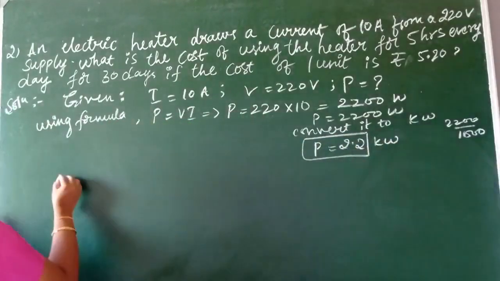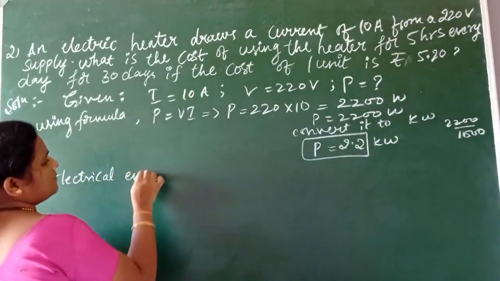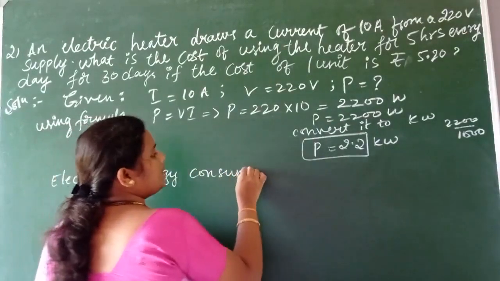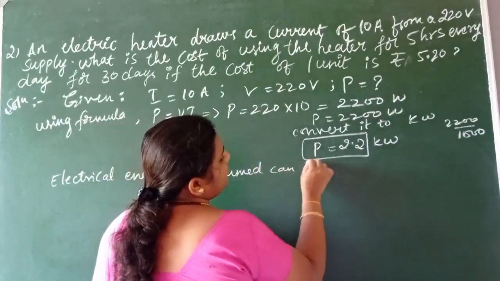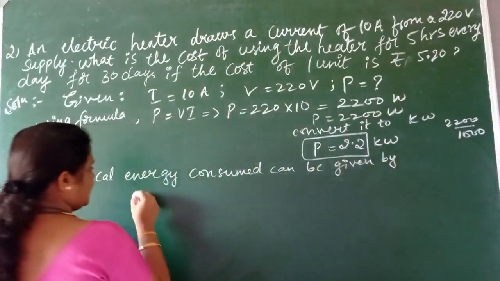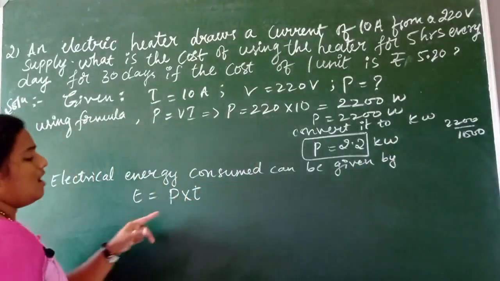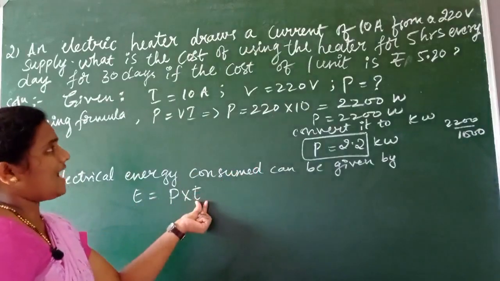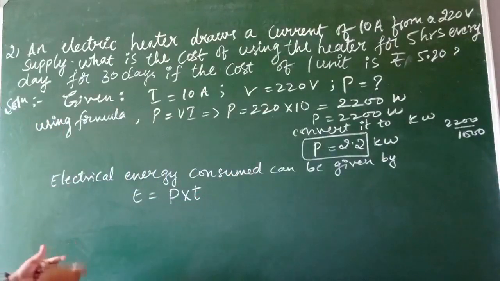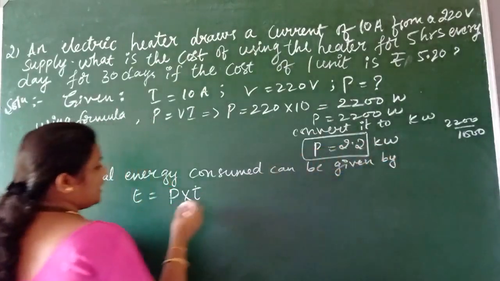Now, electrical energy consumed can be given by the formula E is equal to P into T, children. Got it? Here we already know the power value, and the time value is what, children? That is 5 hours. They have directly given it in terms of hours, and we have converted power into kilowatts.